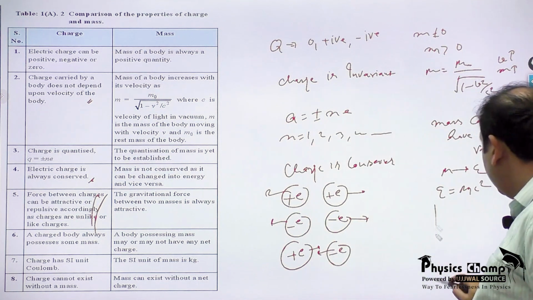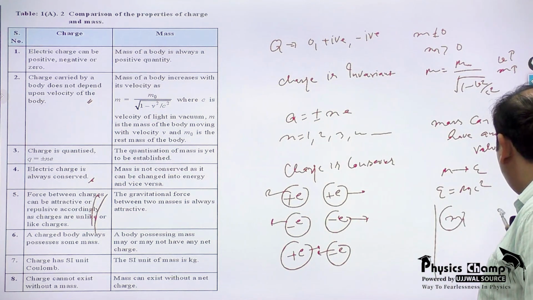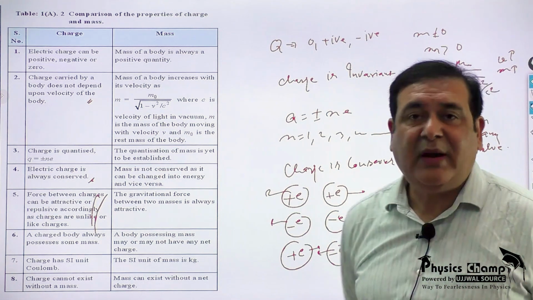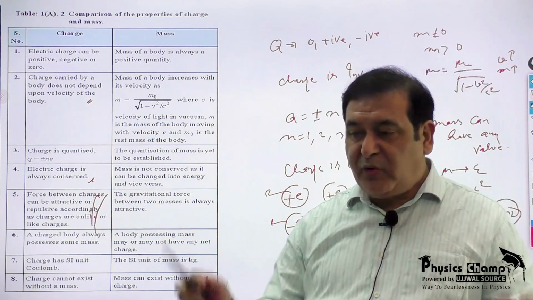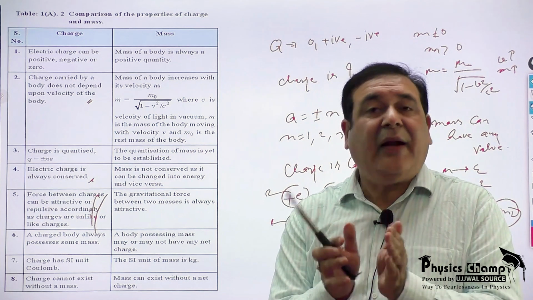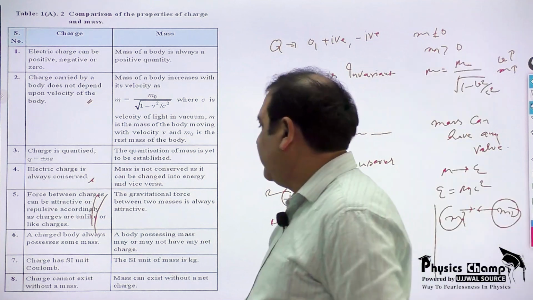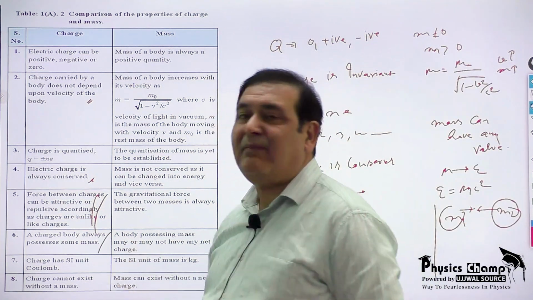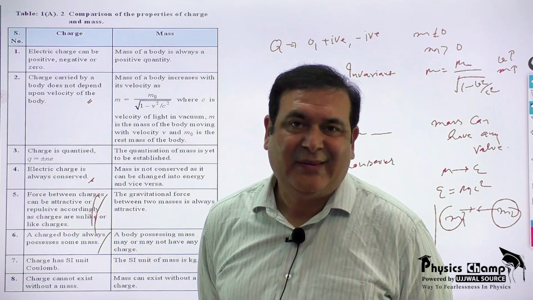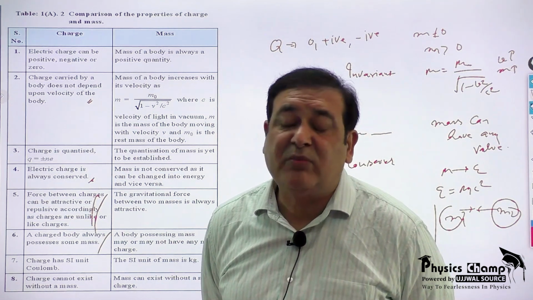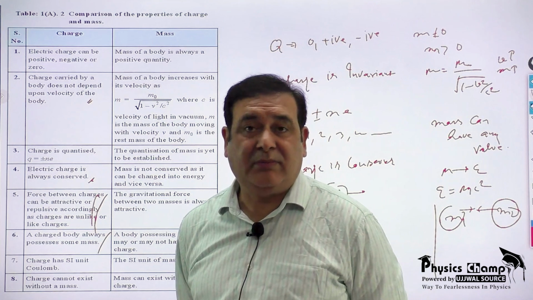But between two masses, the gravitational force is always attractive. Although, for a shorter distance, electric forces are much stronger than the gravitational forces. And then, a charged body always possesses some mass. But it is not so in case of mass. It is not necessary that every mass possesses some net charge.